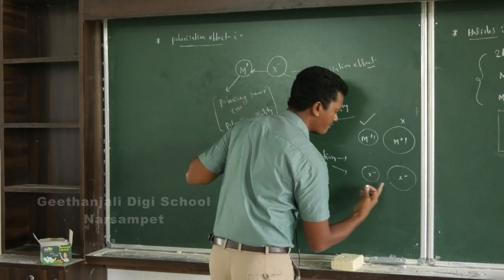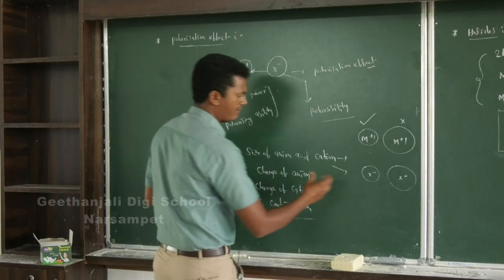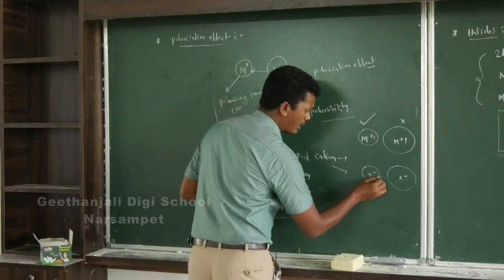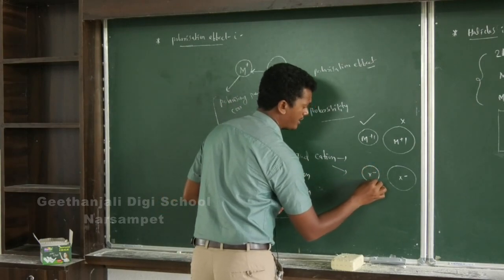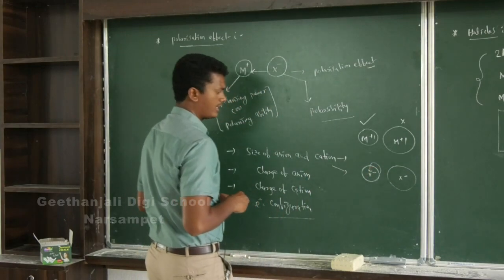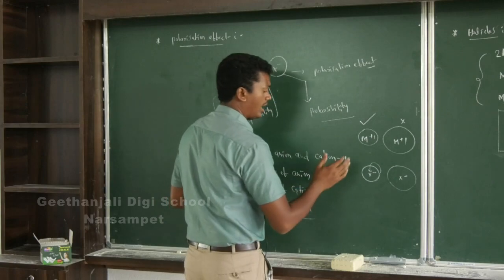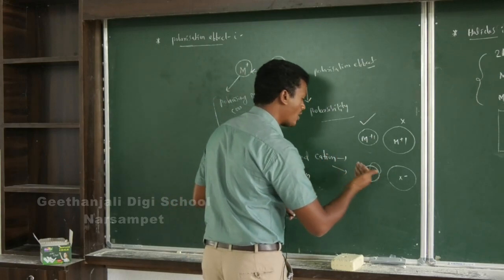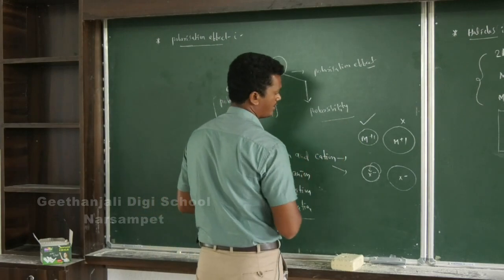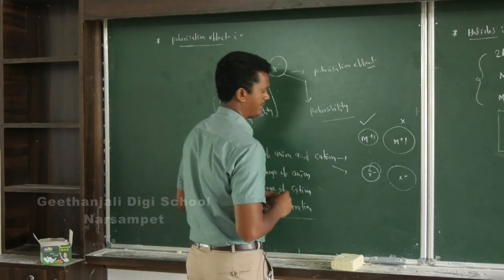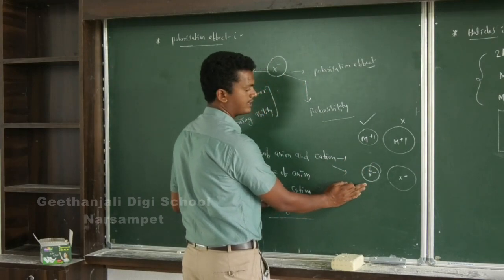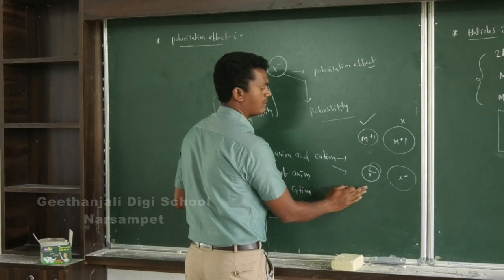Next, two different sized anions. Whenever we have a smaller sized anion, the electron cloud of this smaller sized anion is strongly attracted by its own nucleus, and this electron cloud will not be attracted strongly by the metal ion towards the nucleus of the metal ion, so the polarizability is less whenever the anion is small.